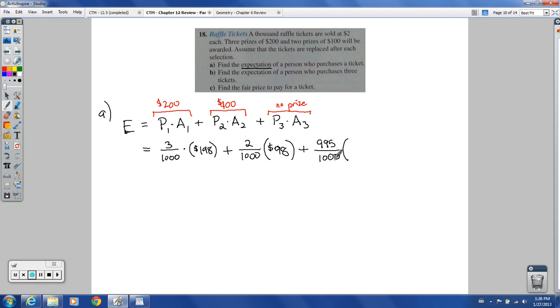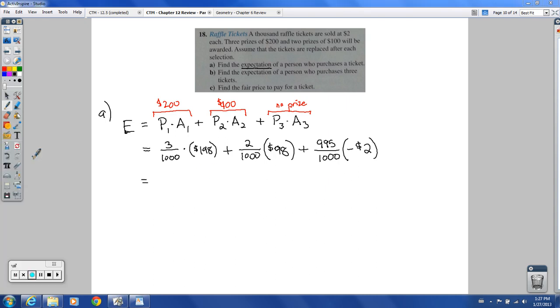There's still 1,000 tickets to choose from, and 995 that didn't win. So this is going to be times a negative $2. You don't have to include the dollar sign right now, but we are talking money, so I'm just deciding to include it here. So from here, it would be a good idea to get out a calculator.